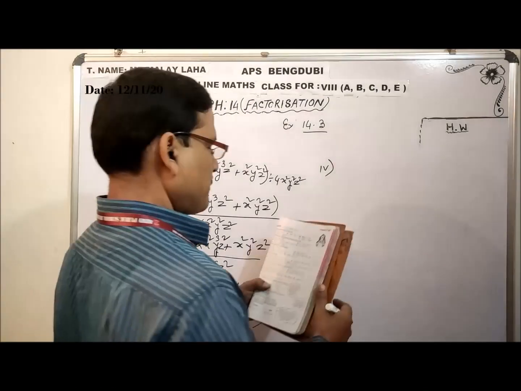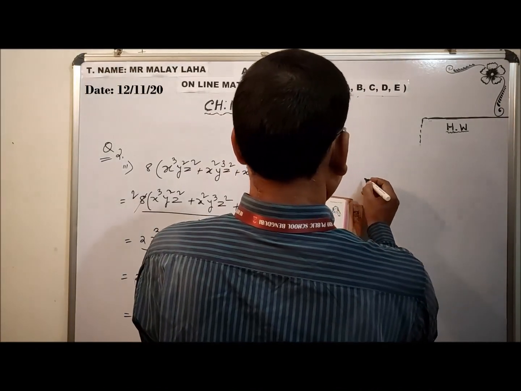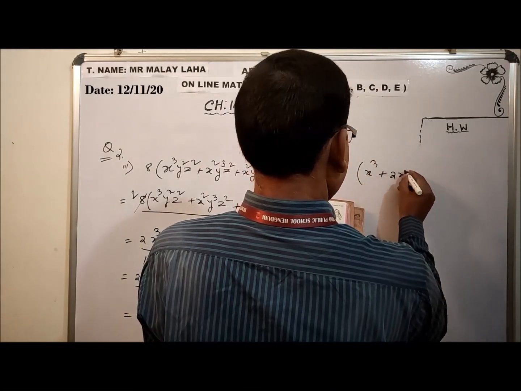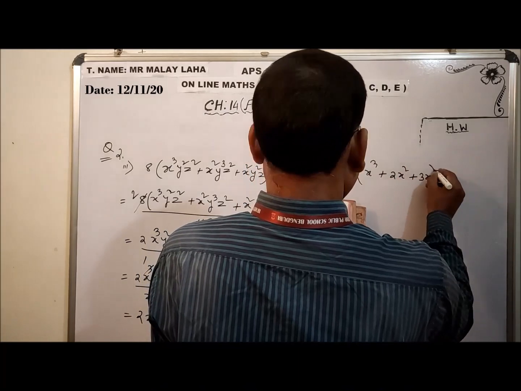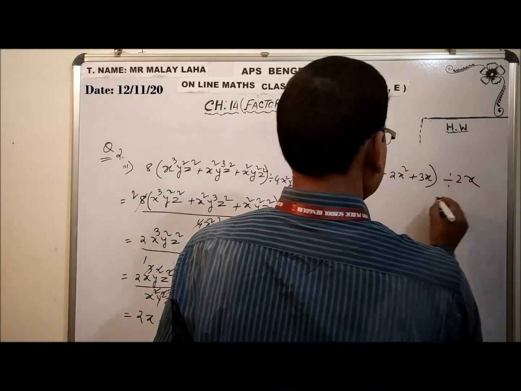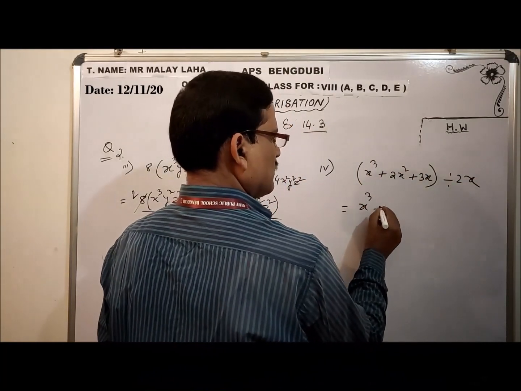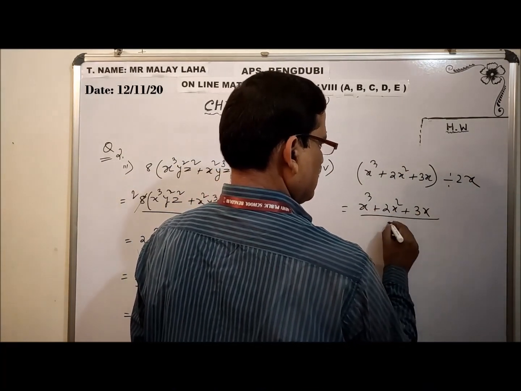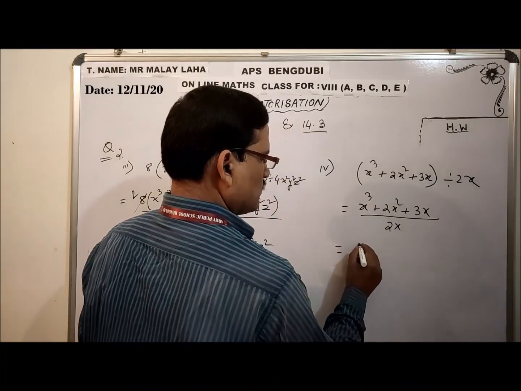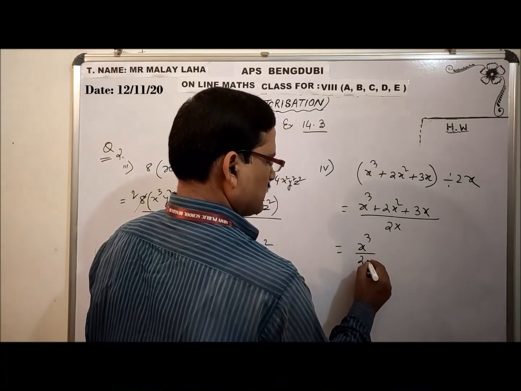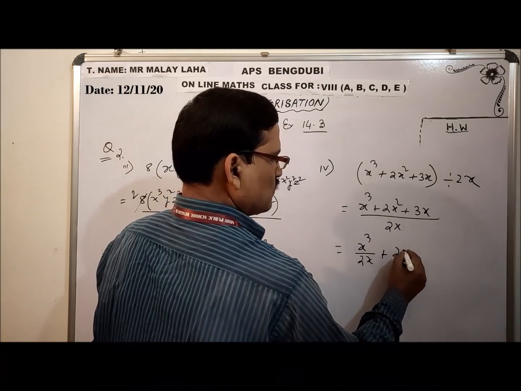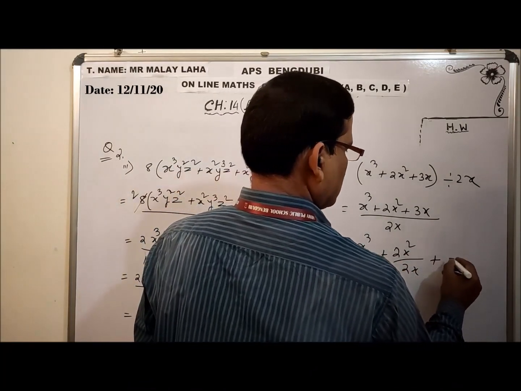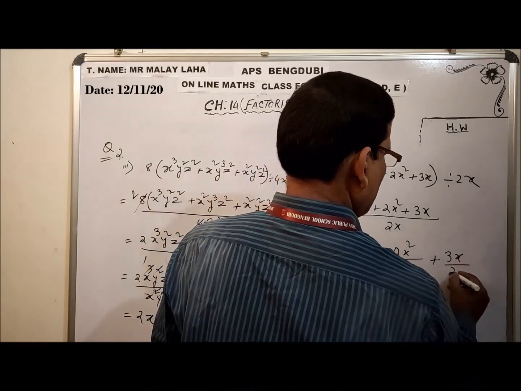Okay. Now next is x cube plus 2x square plus 3x divided by 2x. Very simple. So now x cube by 2x plus 2x square by 2x plus 3x by 2x.